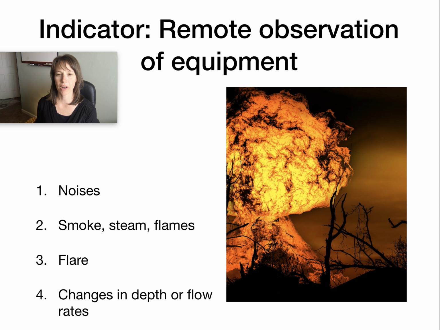And the third way I spoke about earlier was remote observation of the equipment or the system, and that's actually usually a visual observation. You can be in the plant, you could be driving up to the plant to work, you could be actually monitoring the facility with cameras. When that alarm goes off, some people might also check right away the cameras or just look out the window depending on where your location is. And there may be noises that you can hear or things you can see, smoke, steam, flames coming out of the plant.